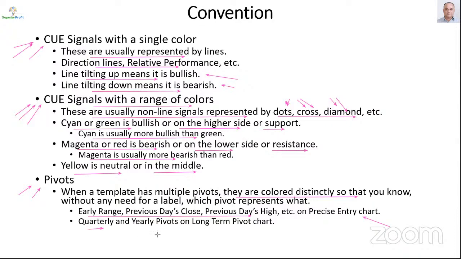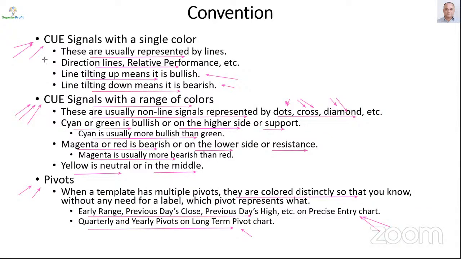And the same is true for quarterly and yearly pivots on the long-term pivot chart. So we have two kinds of pivots. One is intraday pivots on intraday charts, and then long-term pivots on quarterly, yearly interval on the long-term pivot chart. For both of those categories, the pivots have different colors. So we know from the color which pivot is what.